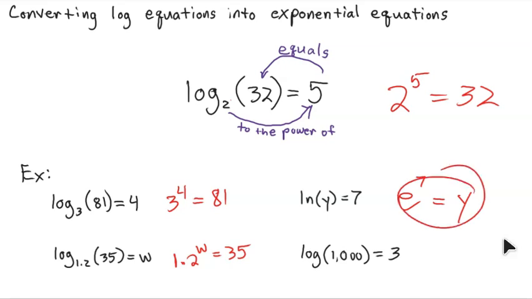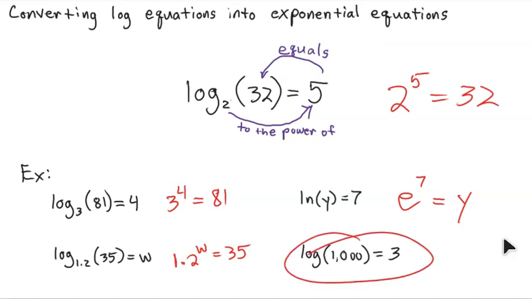We can transform this back into a logarithm just to make sure. We're going to do log base e, which is natural log, of y, equals whatever the exponent is, 7. And there it is.